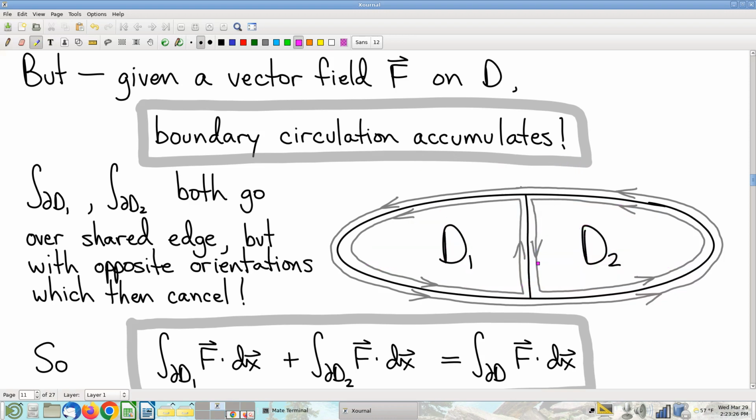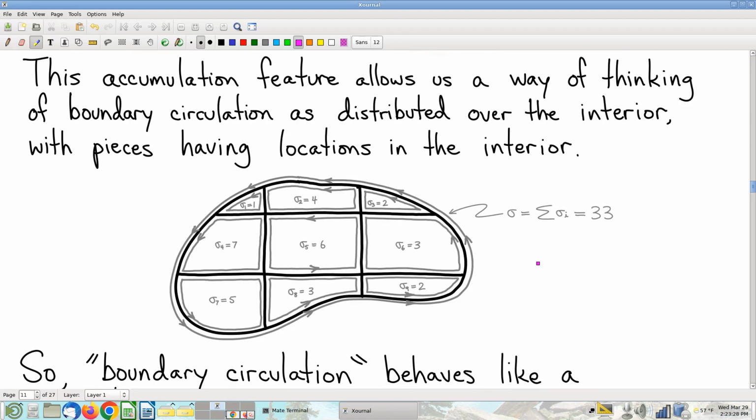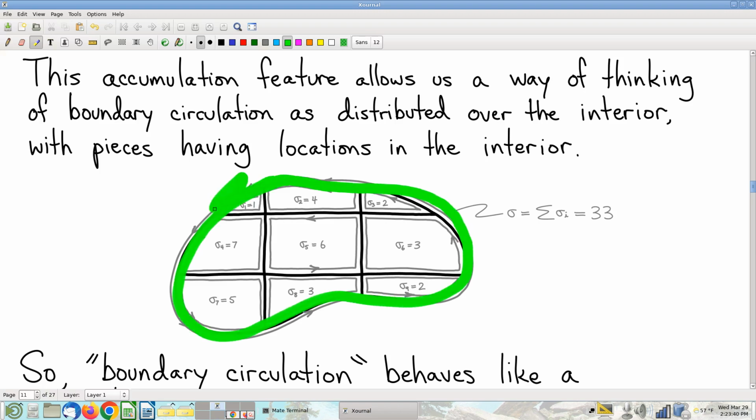And so let me give you an example here. So let's look at this piece, and I've chopped this up into a bunch of little pieces, and I could reasonably ask, there's a boundary circulation.